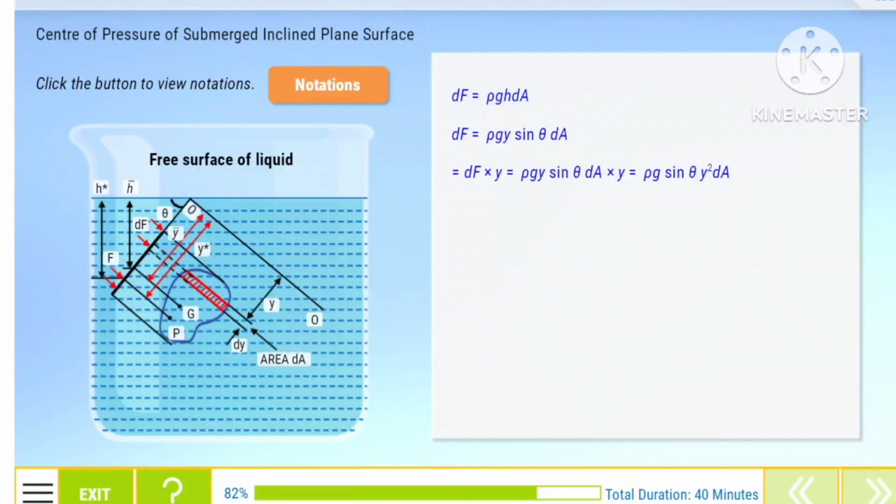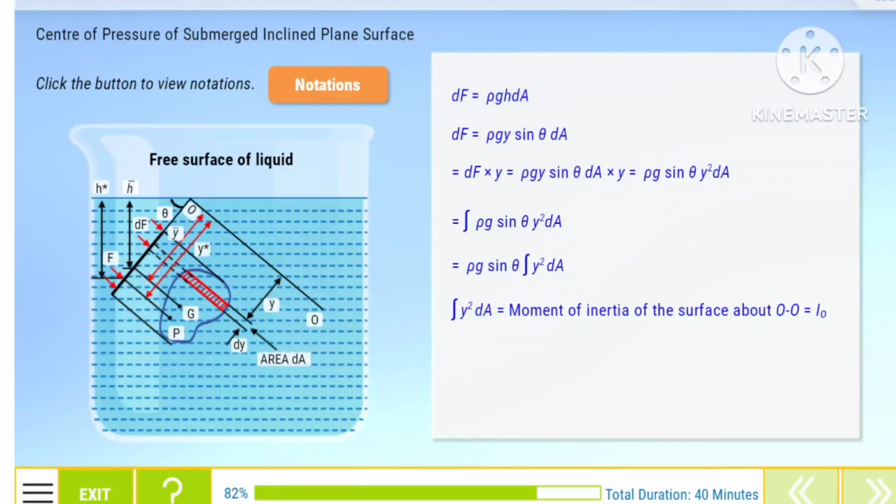The sum of moments of all such forces about O' is equal to integral of rho g sine theta y squared dA, which is equal to rho g sine theta into integral of y squared dA. However, integral of y squared dA is equal to the moment of inertia of the surface about O'O, which is equal to I naught.